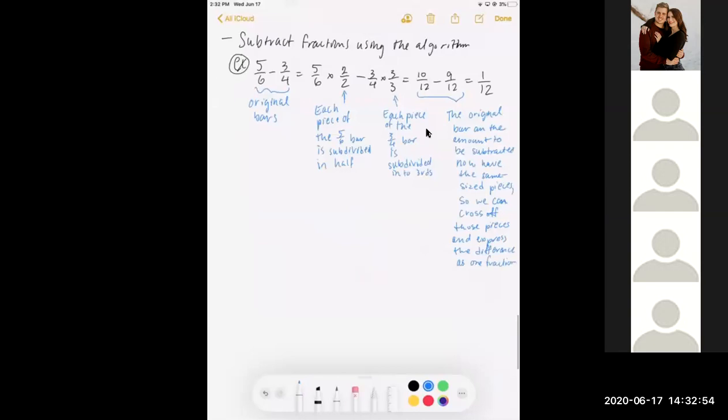Okay, so that's our whole goal, is to be able to express our sums and differences as one fraction. So we're given two fractions, we combine them together, express them as one fraction. And that's a little bit tricky sometimes to do.